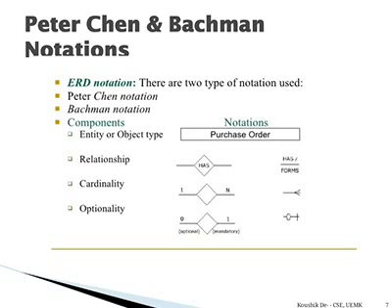So one more relationship is the many-to-many relationship. In this type of relationship, each record of the first table can be related to one or more than one record of the second table, and a single record of the second table can be related to one or more than one record of the first table.